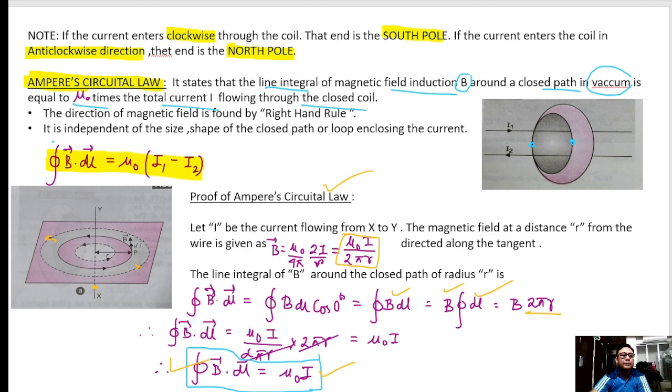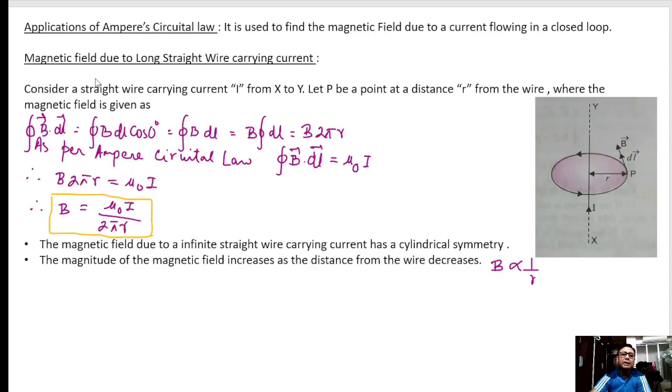Next, let's see the next part. Applications of Ampere Circuital Law. So what is the application of the Ampere Circuital Law? It is used to find magnetic field due to current flowing in a closed loop. Please watch it.